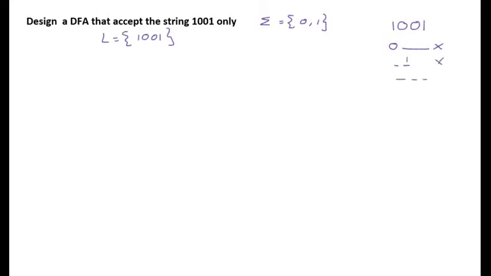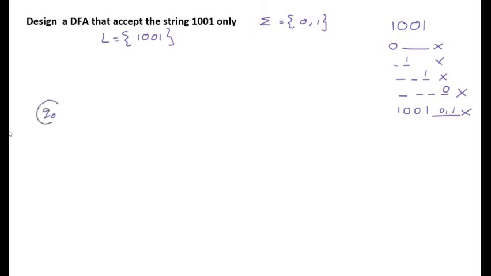And suppose if the third symbol is 1, the machine should not accept. And if the fourth symbol is 0, it should not accept. The string should not be accepted. Suppose after seeing this 1001, if it has seen any other symbols after this, like 0 and 1, it should not be accepted. Let's define the finite automata with these rules.